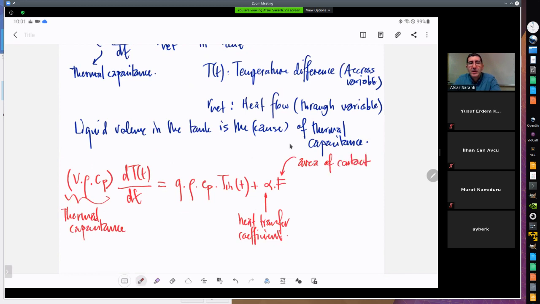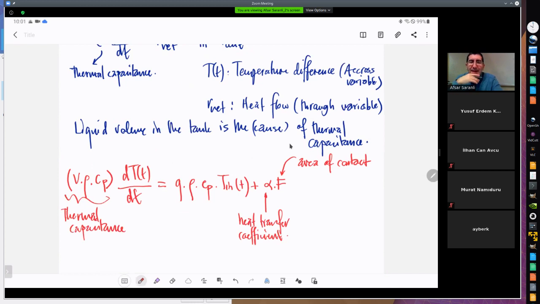clearly, because the higher the area, the more the heat has a chance to be transferred from one medium to another. In fact, if you think about, for example, an engine cooling system in a car, the radiator is specially designed to increase the area of contact as much as possible between the cooling liquid and the ambient air, because we want to just get rid of the heat.